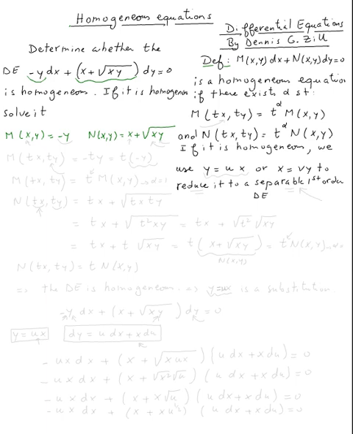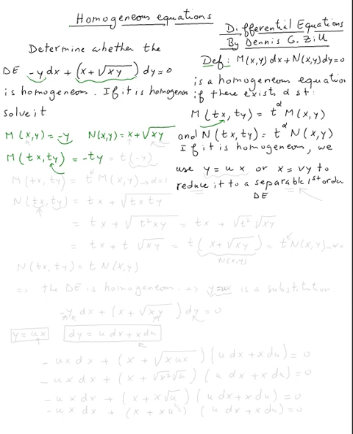So first, let's try to find the alpha. We start with the definition: M of tx, ty. How do we find M of tx, ty? M of xy is minus y, that means M of tx, ty will be minus this coordinate, so it's minus ty.